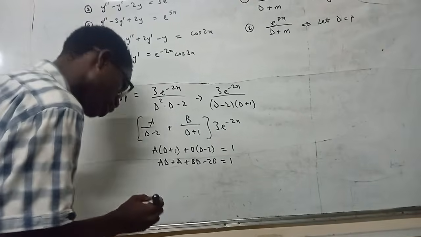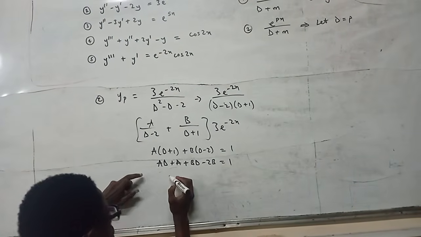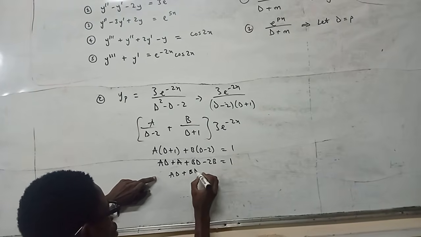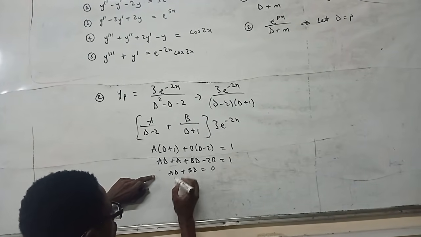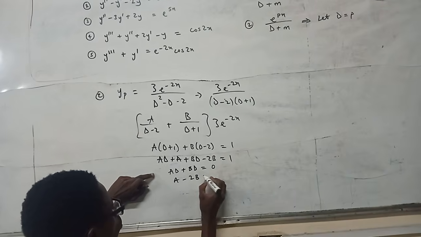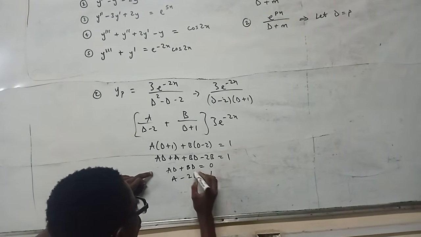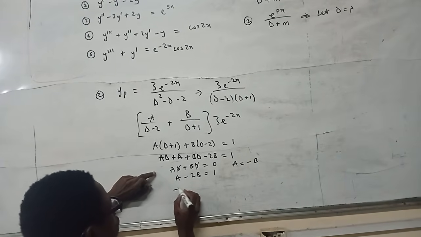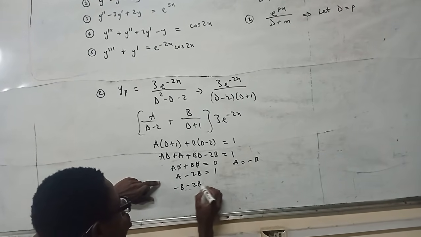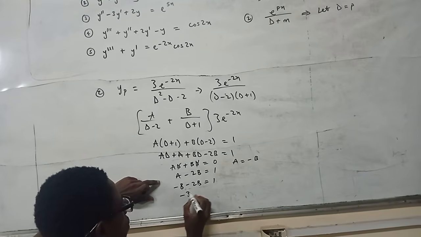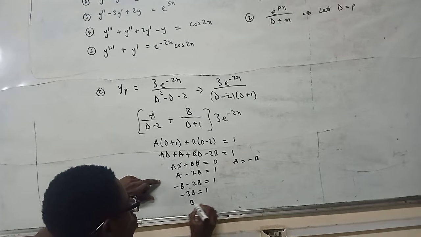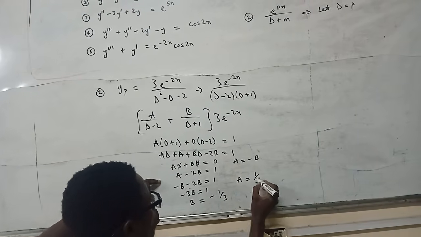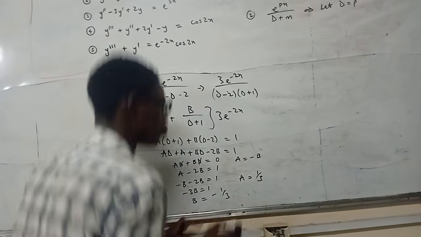So comparing the D terms, we have AD plus BD, there's no D here, equals 0. A minus 2B equals 1. So it means A equals minus B. So we have minus B minus 2B equals 1, which means minus 3B equals 1, B equals minus 1 over 3, and A equals 1 over 3 automatically. It is negative B. So A equals 1 over 3.